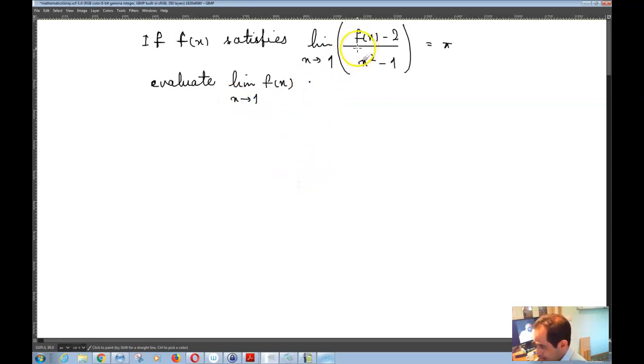Okay, so it says that f of x basically satisfies this equation, which is the limit of f of x minus 2 over x squared minus 1 when x tends to 1 is equal to pi.